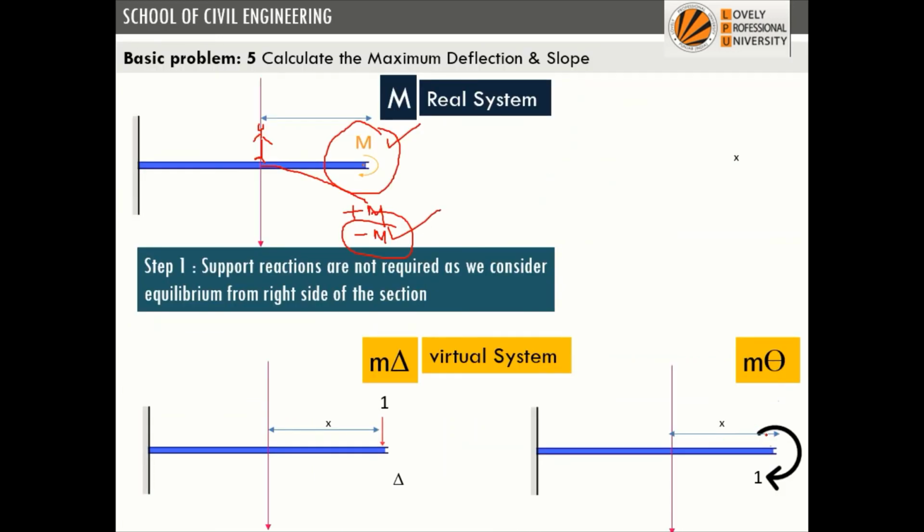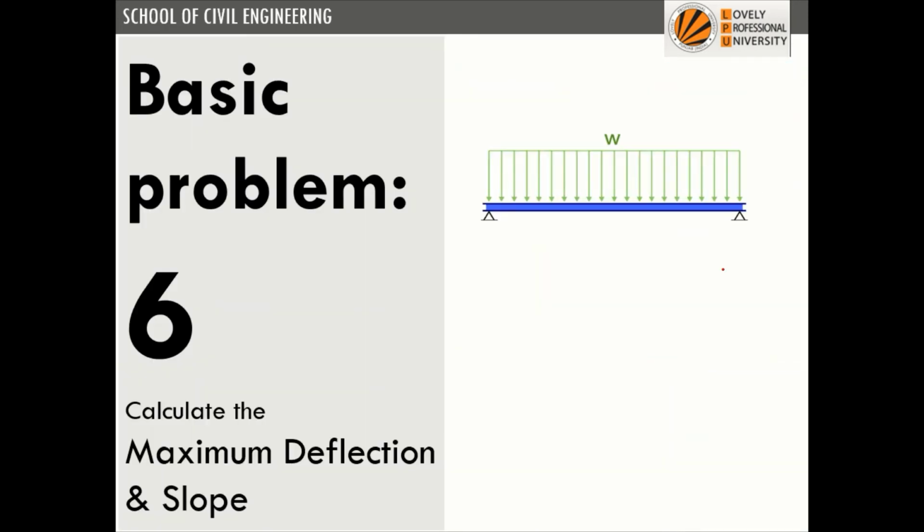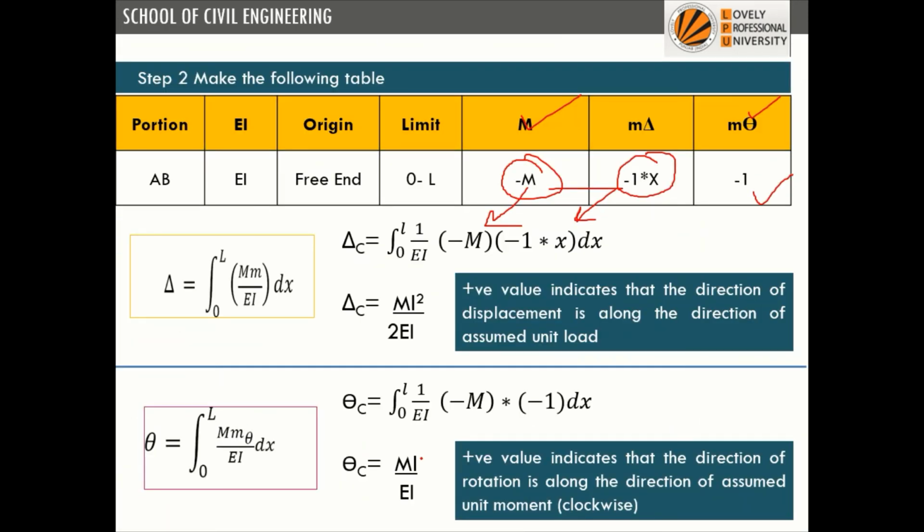This is a unit moment we have already provided, and because of this the deflected shape is like this, so this is a hogging moment. So this one we will put as minus 1. When we solve, we'll get theta C as ML upon EI and deflection at C as ML square upon 2EI.